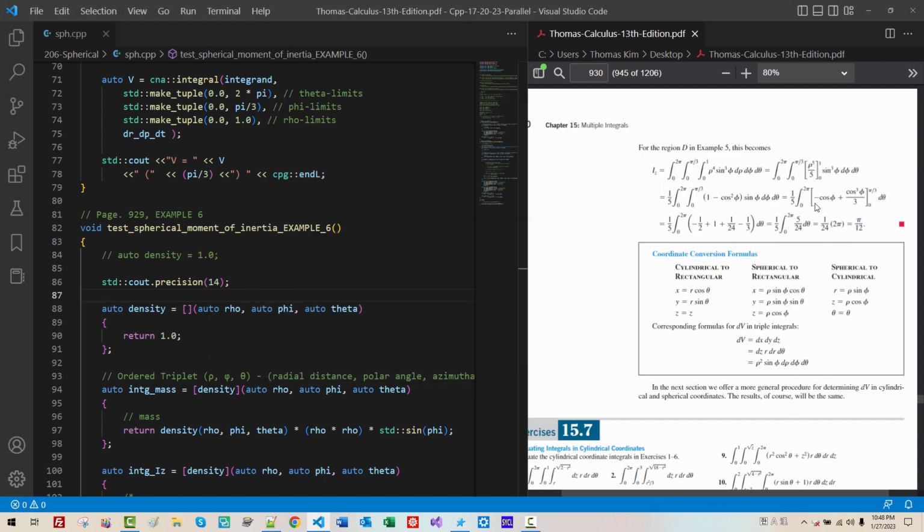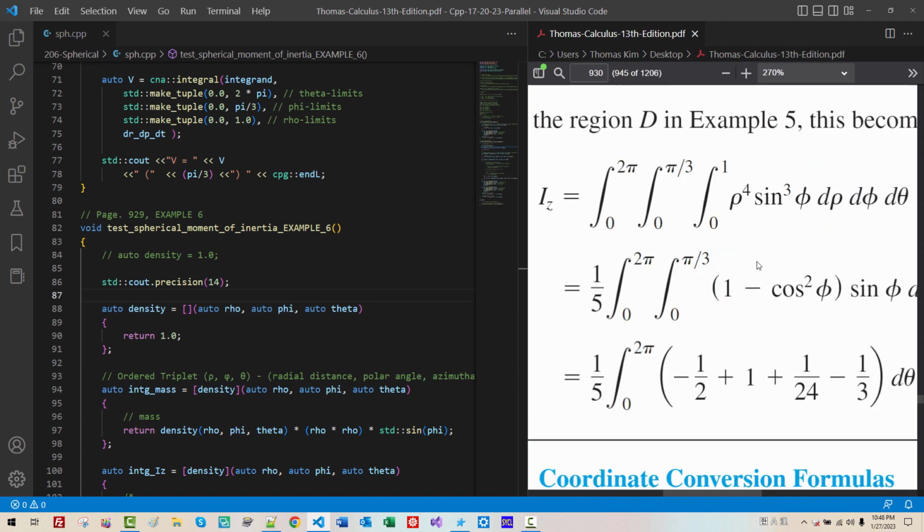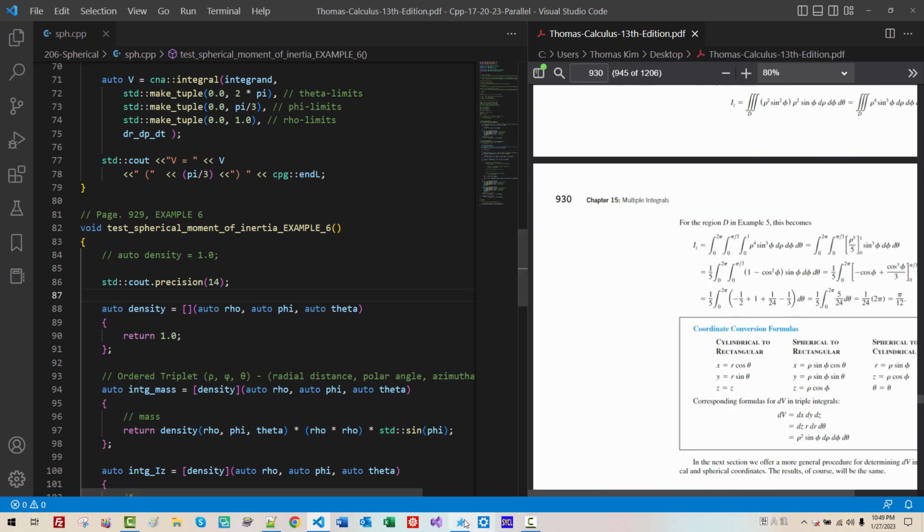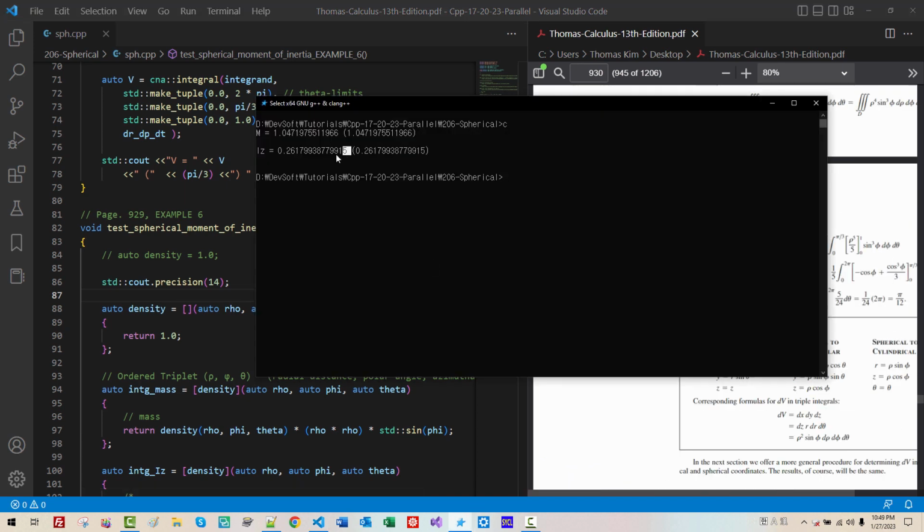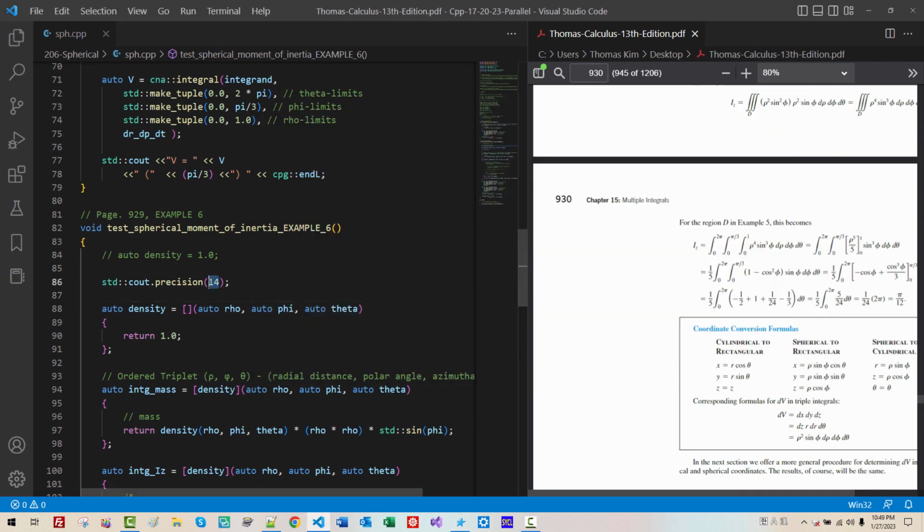See, we are solving such scary computation. It is a serious computation, but our numerical solution is extremely accurate up to 14 decimal places.